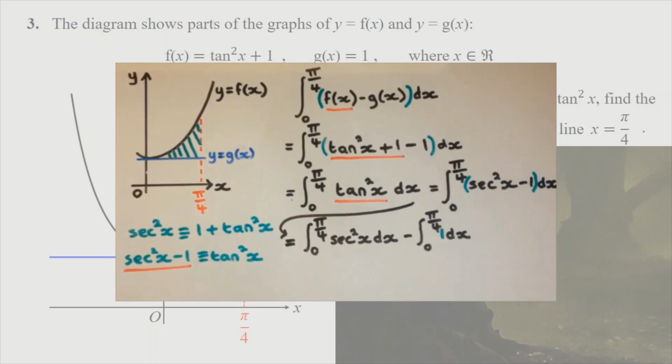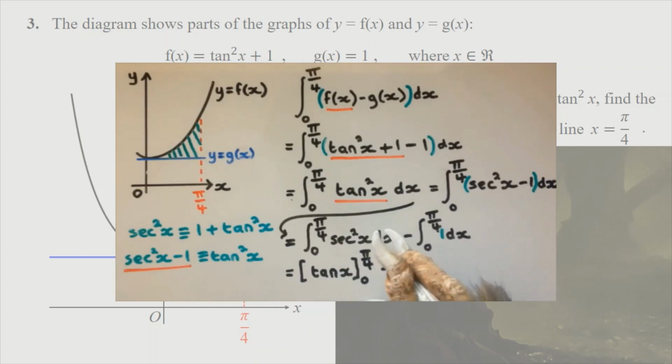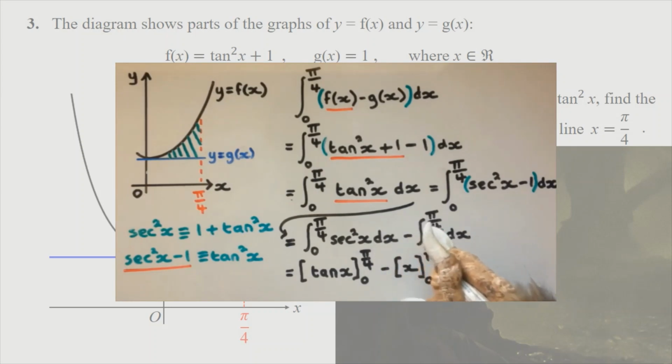So this is going to equal tan x evaluated between 0 and pi over 4, standard result, and subtract x also evaluated between 0 and pi over 4. You didn't have to do it that way, of course. You could have just kept the integrand as it was and integrated term by term, but I thought I might as well use that principle again.